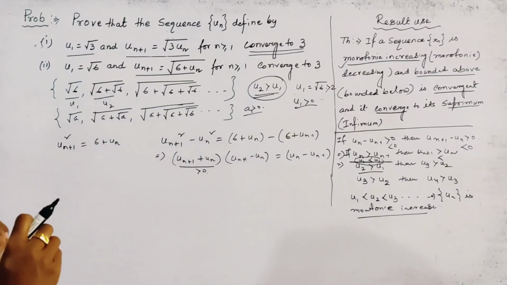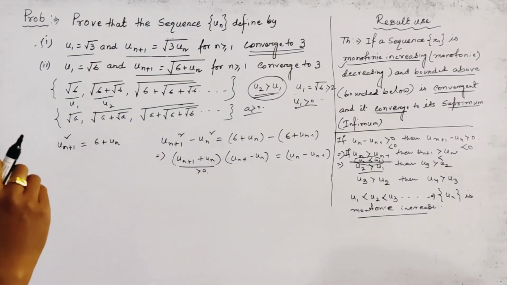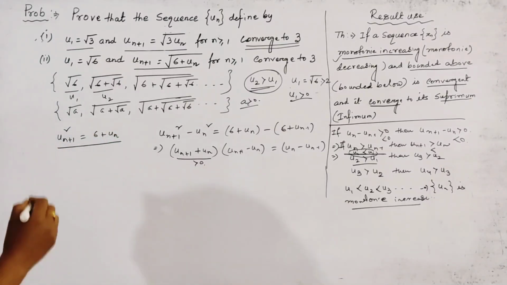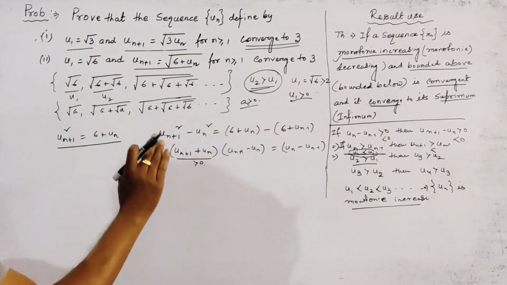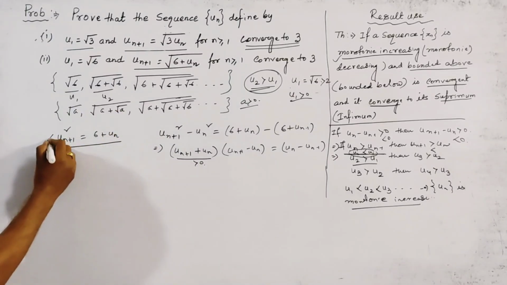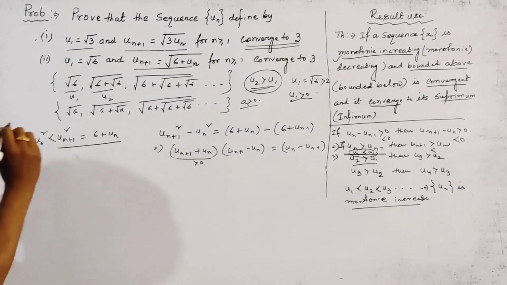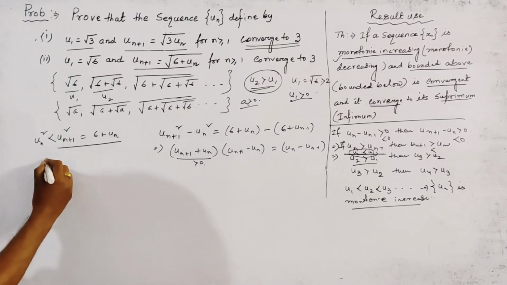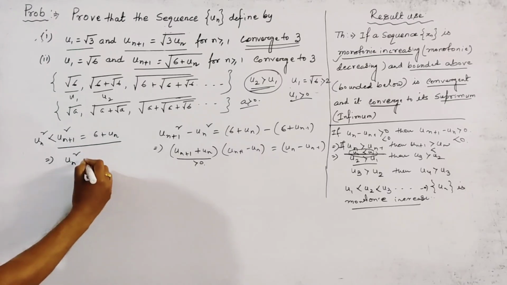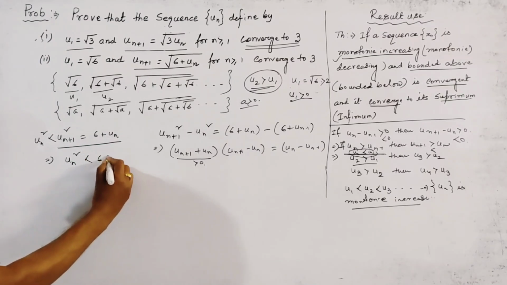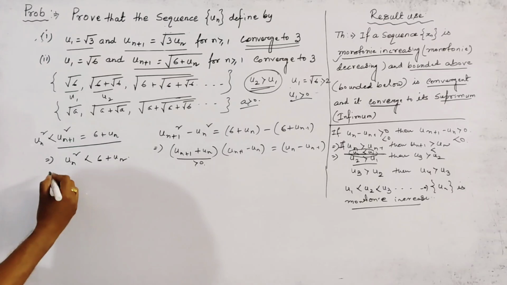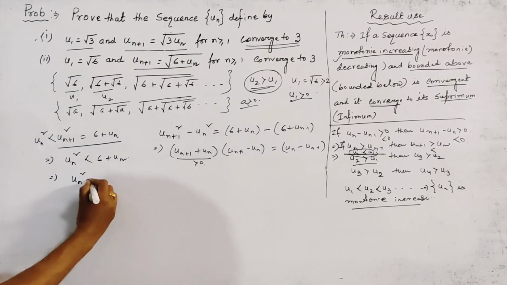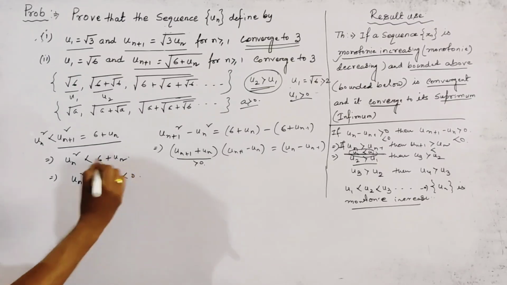Now to prove it is bounded above, we use this relation again. Since it is already proved to be monotonic increasing, we can write un square less than 6 plus un, because un greater than un plus 1 in the monotonic increasing case. Writing all terms on the left side, we get un square minus un minus 6 less than 0.